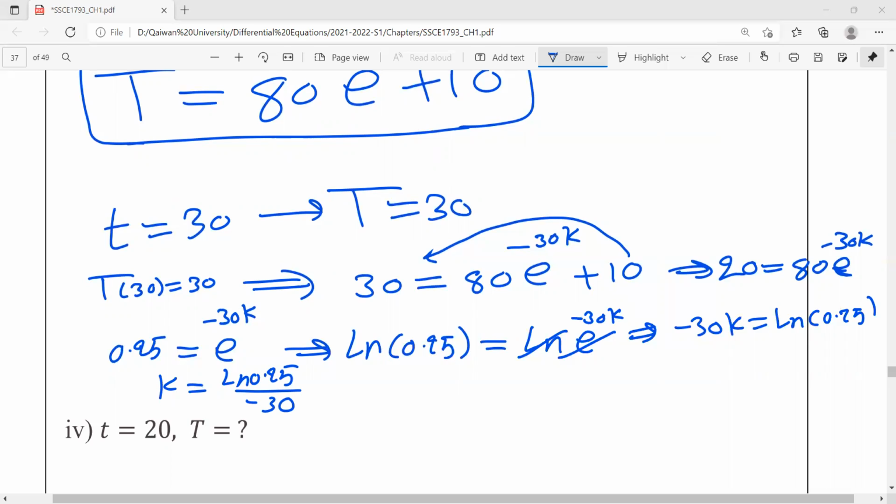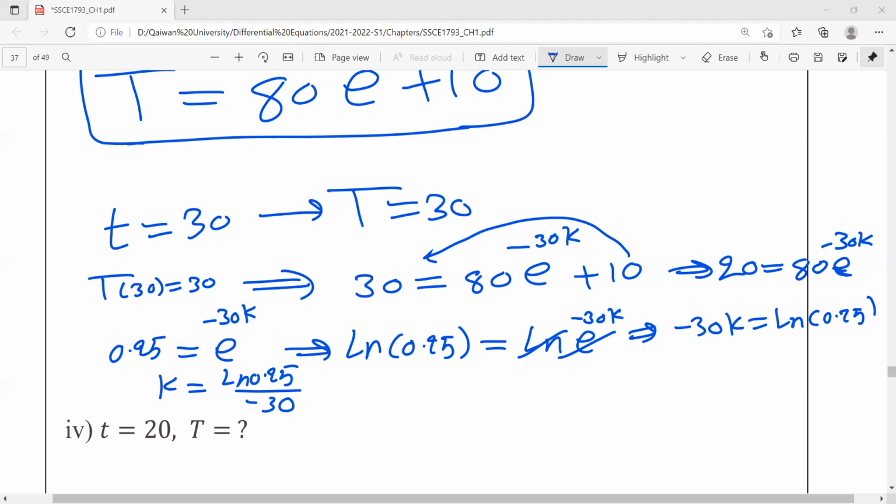We should find the ln of 0.25, and let's see what's the result.